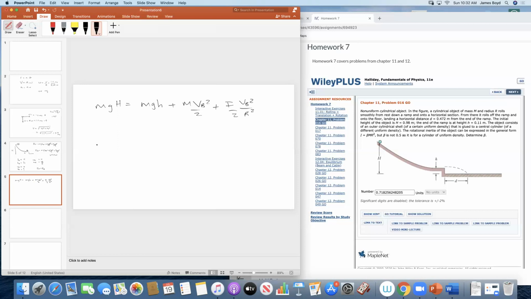So we see from here that we get mg times (H minus h) is equal to (m over 2 plus I over 2R squared) times v squared.